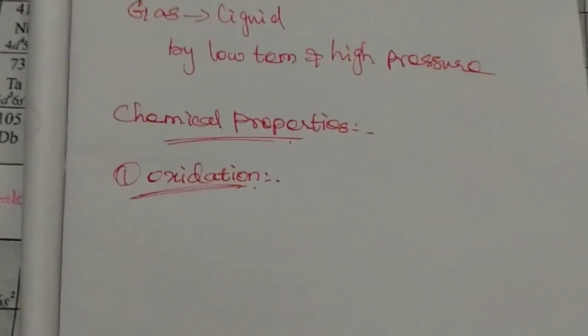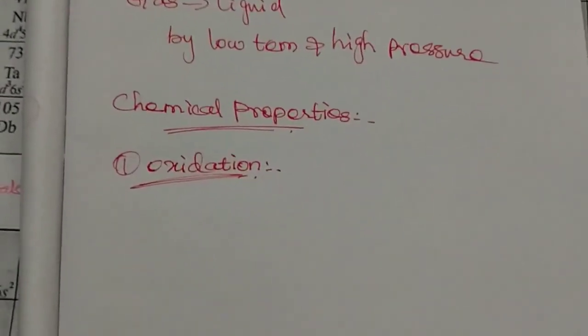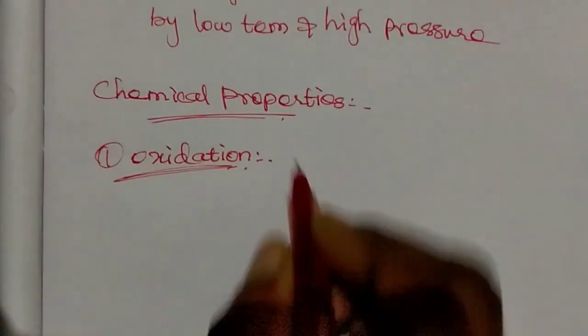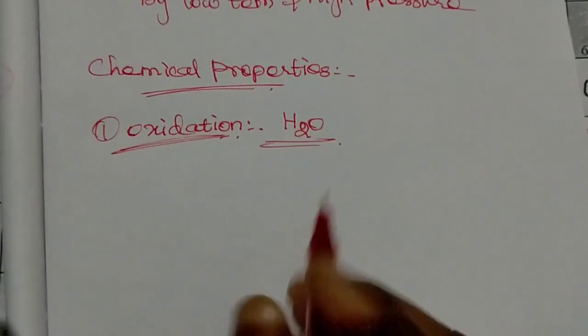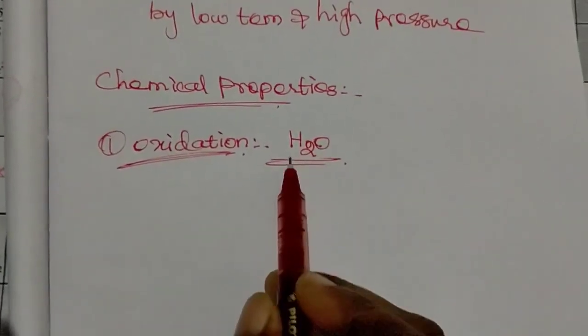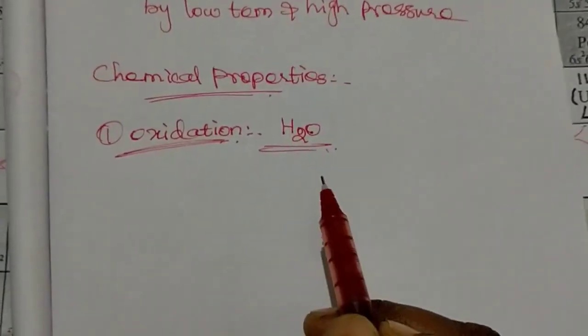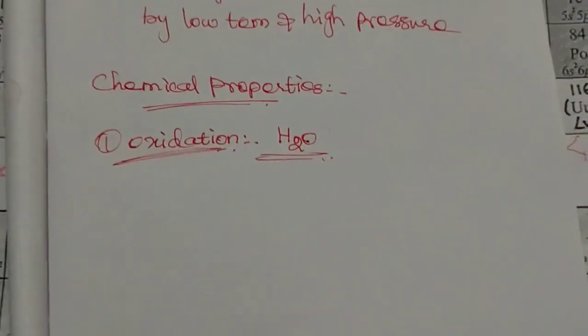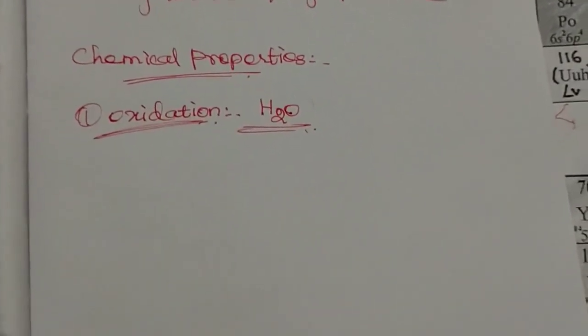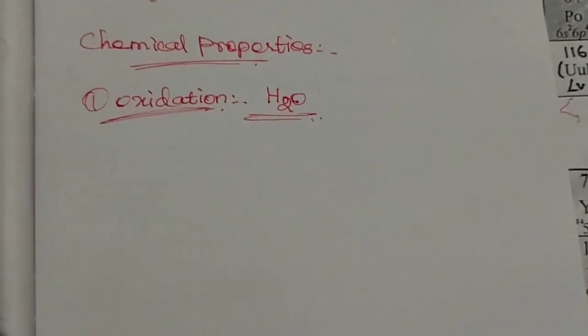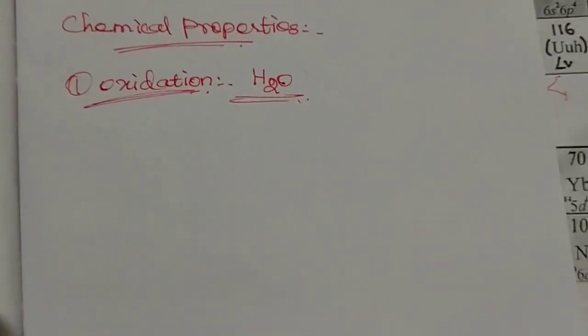Hydrogen easily reacts with oxygen to give water, because we already know that the formula of water is H2O. Hydrogen is combined with oxygen, that's why it produces the water molecule. The oxidation reaction of hydrogen is an explosive reaction and it releases a lot of energy.